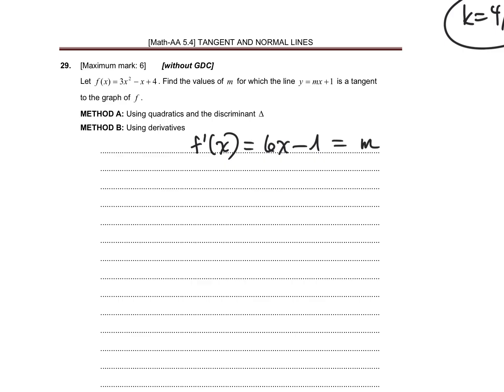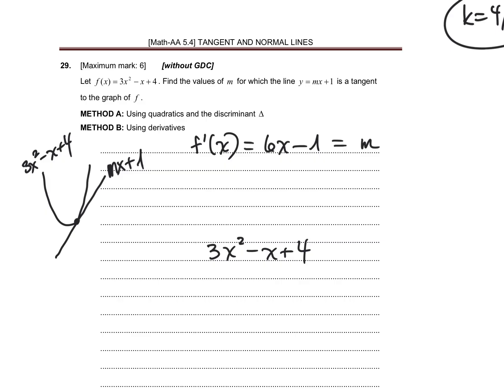All right, so what we have here is some parabola, 3x squared. And then we want, so this is mx plus 1. And this is the 3x squared minus x plus 4. So we want to see when these are equal.